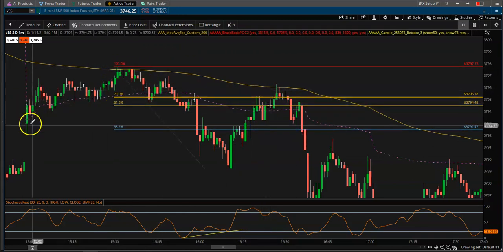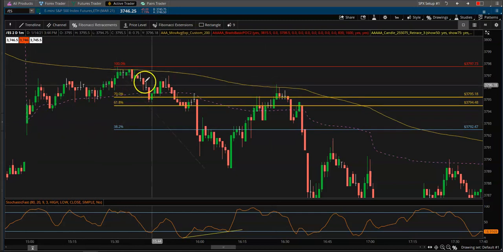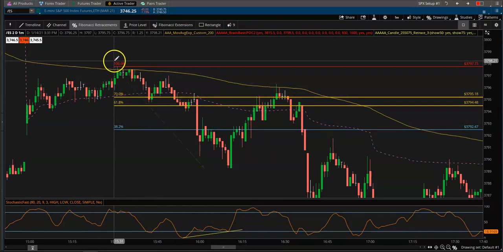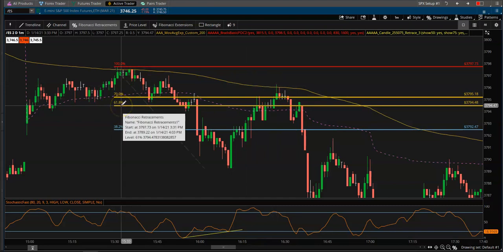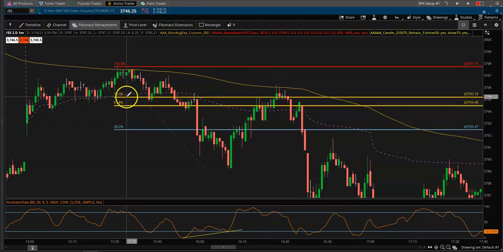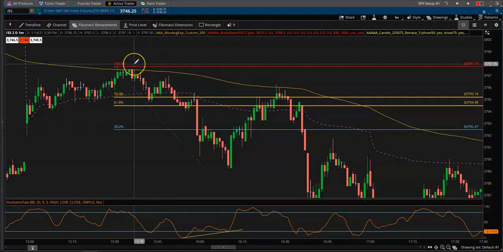Chances are, knowing that we've taken out these lows, especially this low, we're in a downtrend. So what happens is, on the way back up, I want to look to short between the 61.8 and the 70%. And my stop loss will be above the 100% up here.